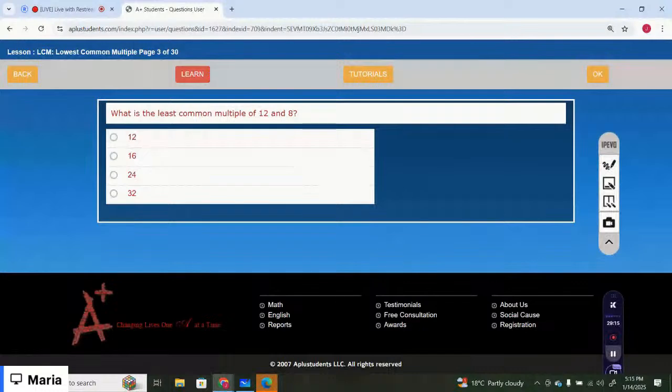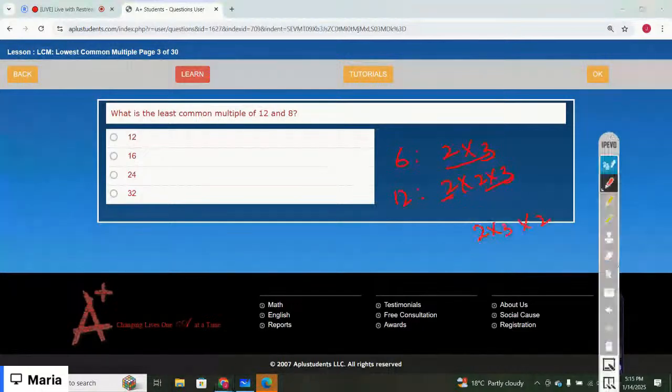What is the least common multiple of 12 and 8? So let's just write down the prime factors of 12 and 8. 2 times 2 is 4 and 4 times 3 is 12. 2 times 2 is 4 and 4 times 2 is 8.